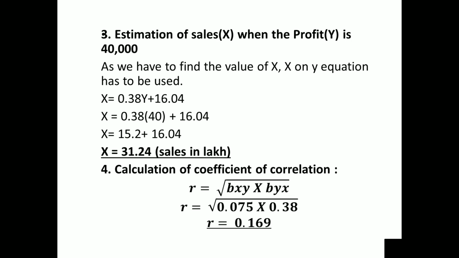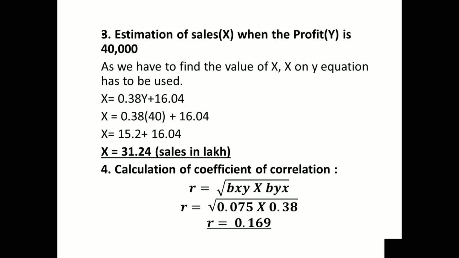Now we have to calculate the value of sales when the profit value is 40, that is 40,000. So sales is the x variable and profit is the y variable. The equation we will use here is x on y, as we are computing the value of sales.